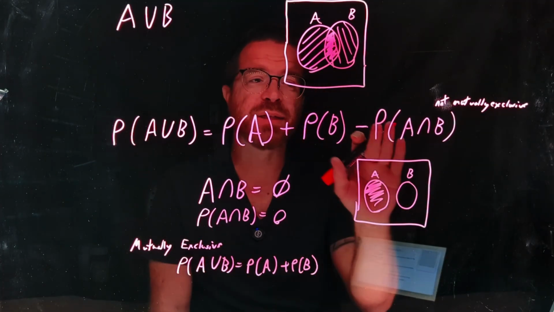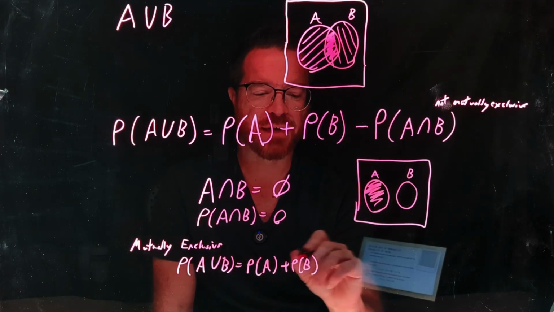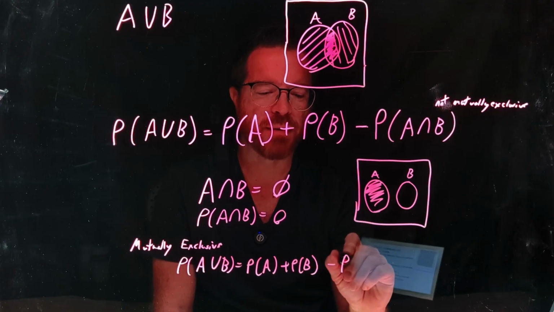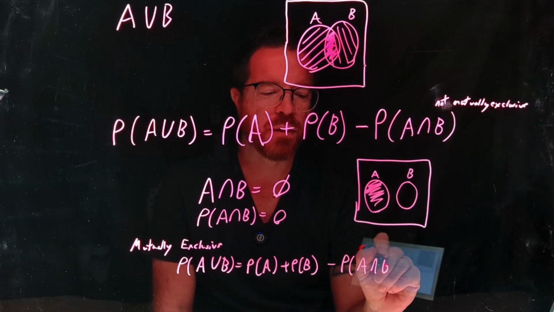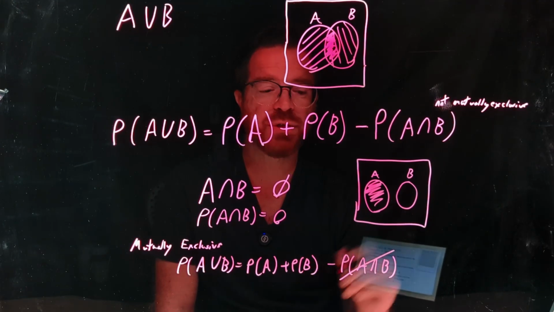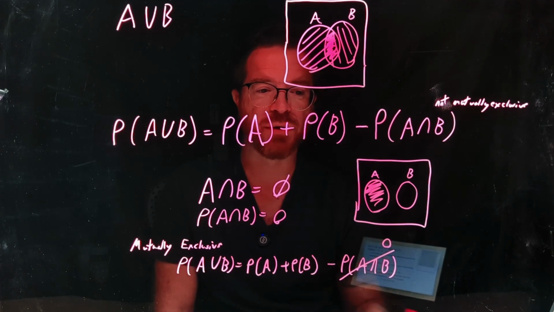Really, it is still the same formula. It's just that instead of having the minus probability of A and B, we just don't include it if they're mutually exclusive, because this just goes to 0.